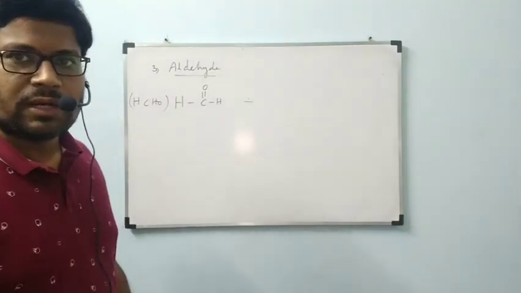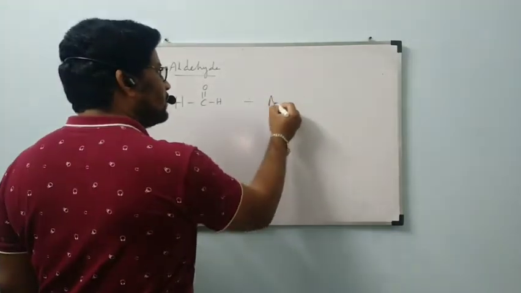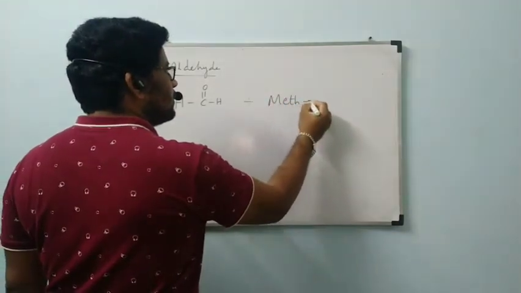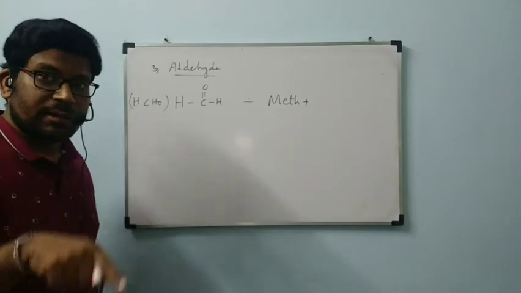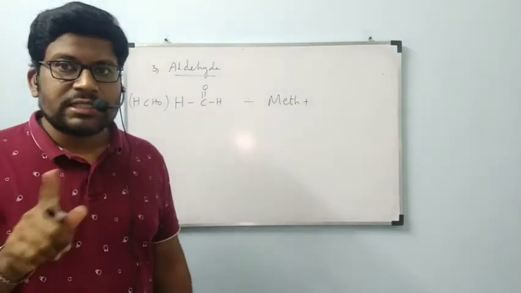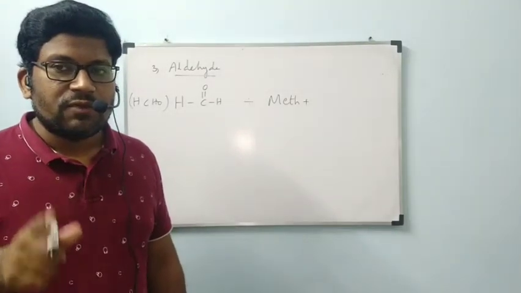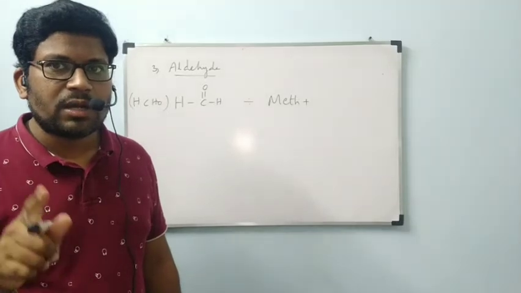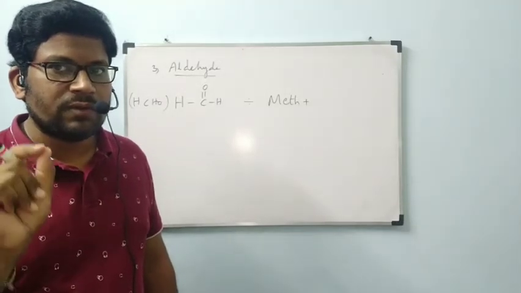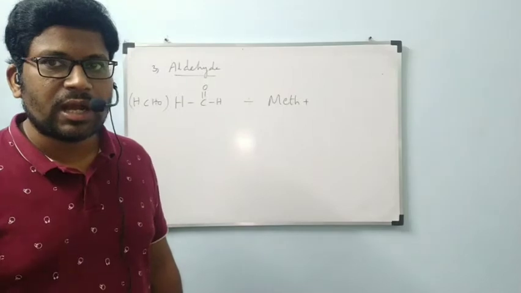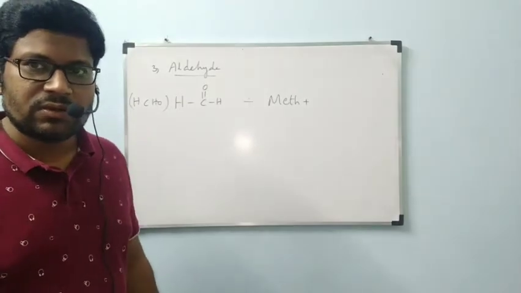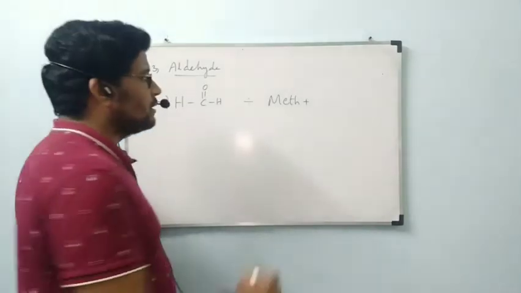One carbon. One carbon means root word meth. All are single bonds. C double bond O is there, already I told, it is not considered as unsaturated. If you have only carbon-carbon double bond or carbon-carbon triple bond, then only we have to say unsaturated, ene or yne. Here it is considered as saturated only, so we will write an only.